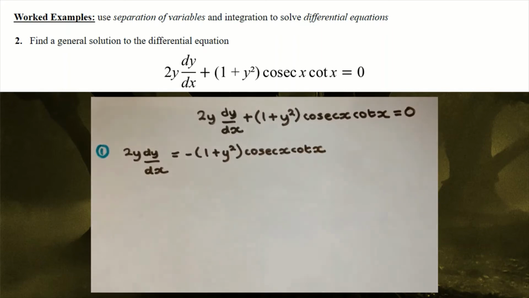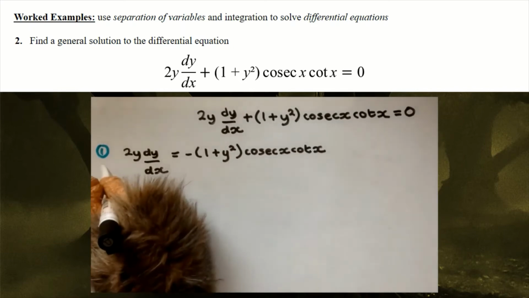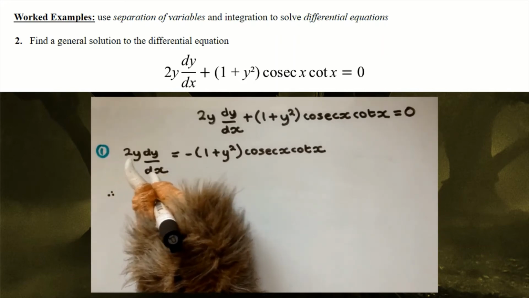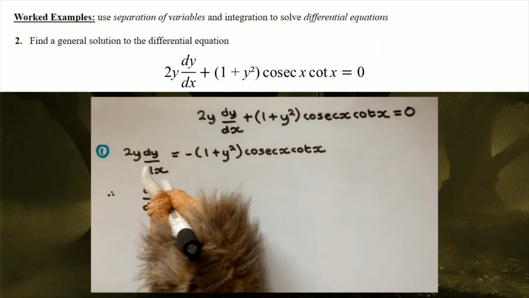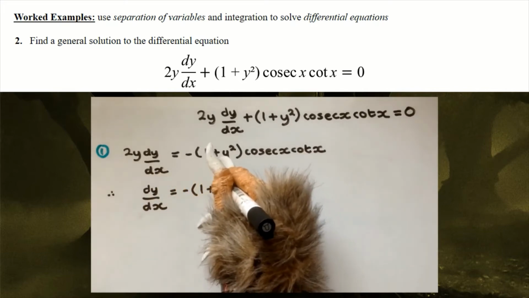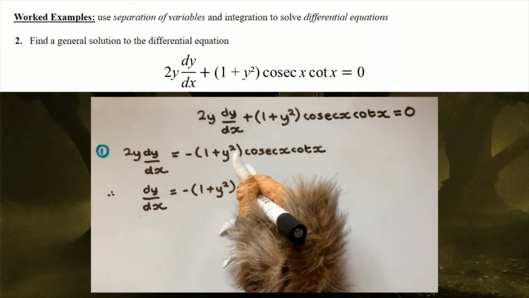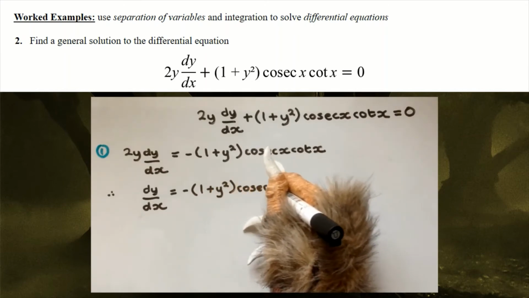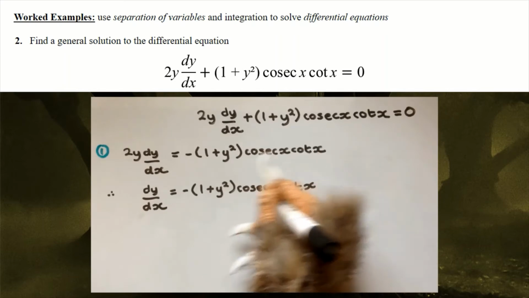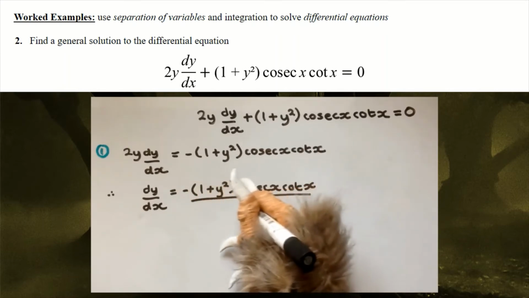It doesn't look much better, but let's stick with it. And we said, of course, we can divide now by 2y. So therefore, dy by dx is going to equal negative 1 plus y squared cosec x cot x all over 2y.